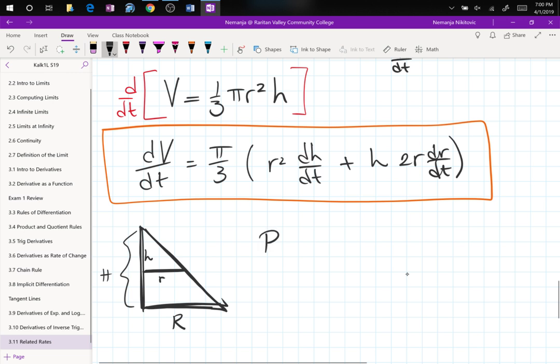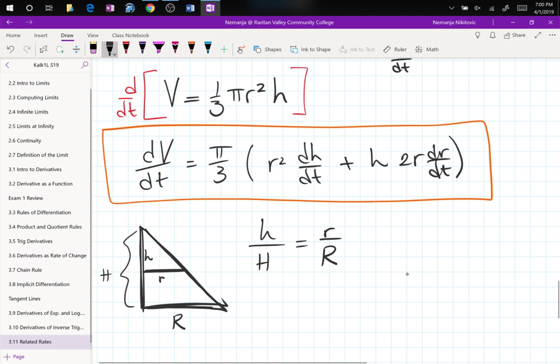So now, what small height is to big height, it's the small radius to the big radius. That's the basics of proportionality. Now, these capital letters are usually given as numbers in a problem.